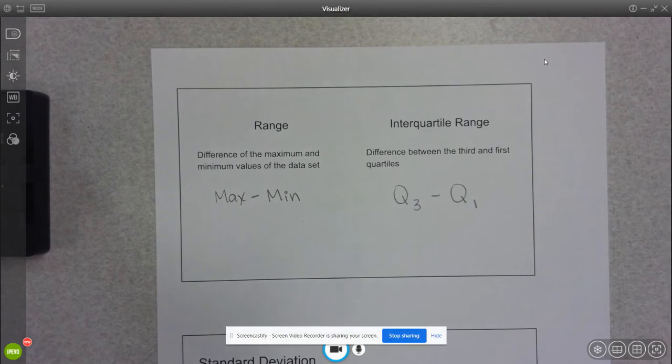That's interquartile range. Now, the range and the interquartile range can be used for any shape of data. It does not matter if it's skewed or normal or uniform. Those can be used for any spread of data.